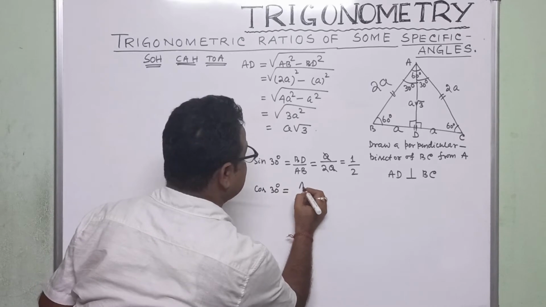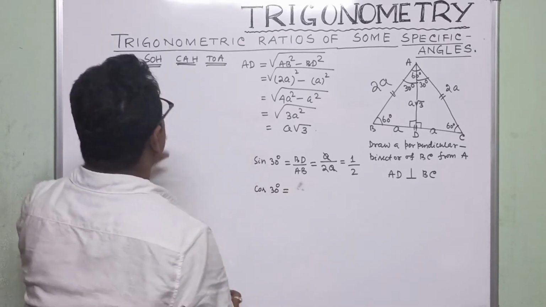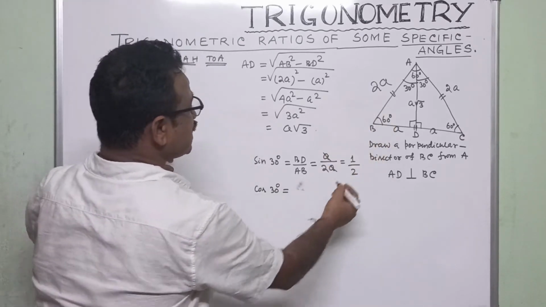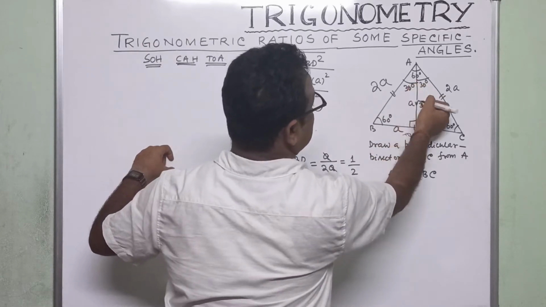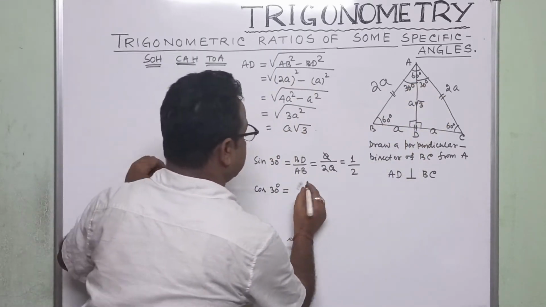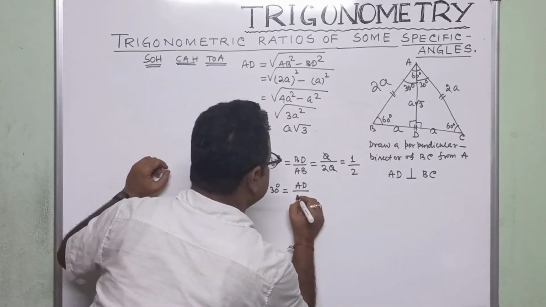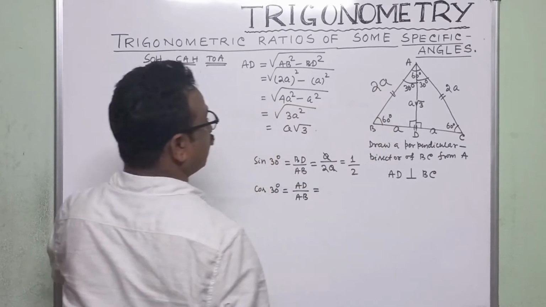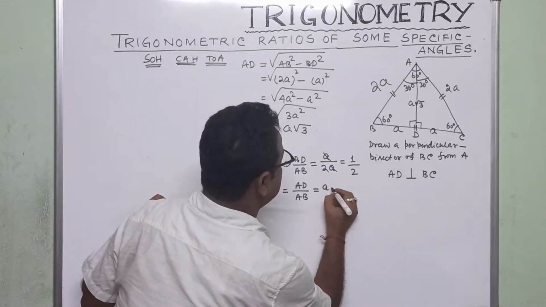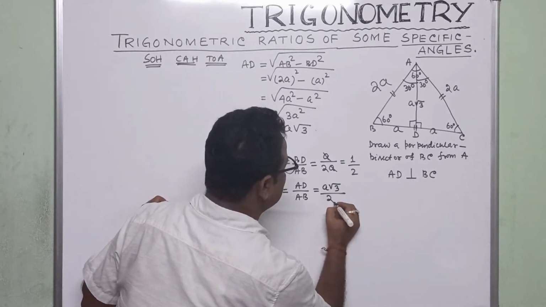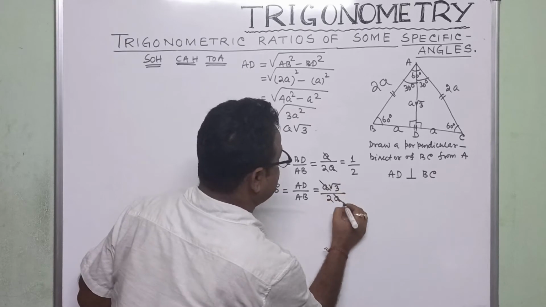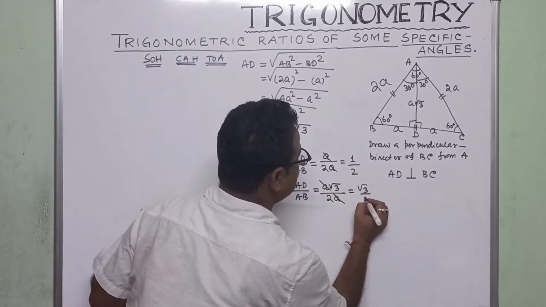Now I can find out the cos 30 degree. Cos 30 degree, so adjacent AD by AB is equal to A root 3 by 2A. So A cancelled, root 3 by 2.